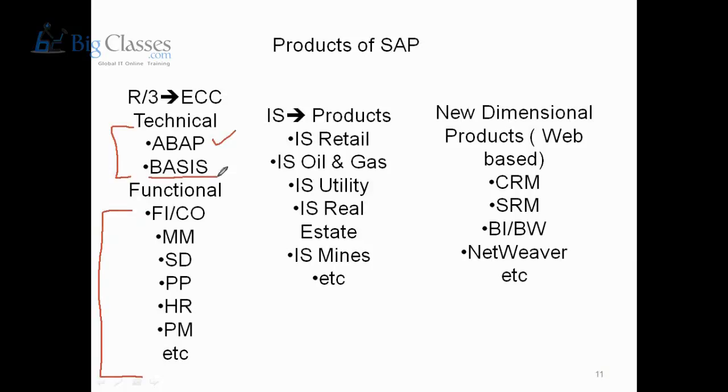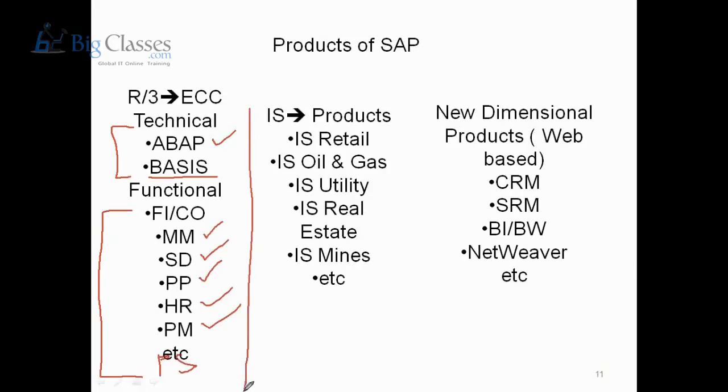Department-wise, we have the functional side or functional people. For the purchase department we have the module Materials Management, then Sales and Distribution, Production Planning, HR, Plant Maintenance, Project System. Like this, for different departments, we have different products.